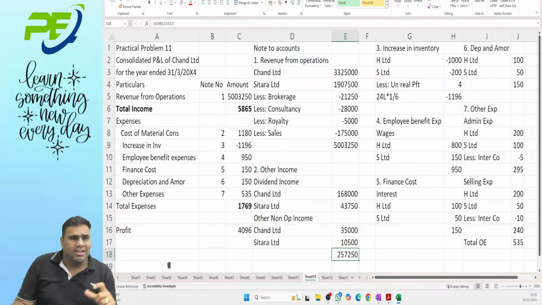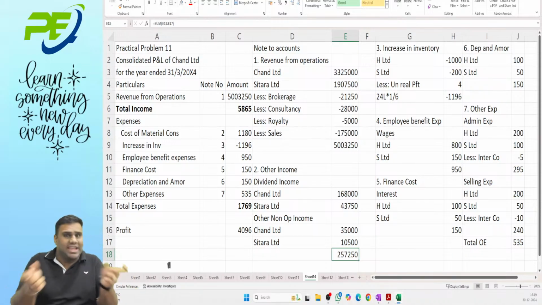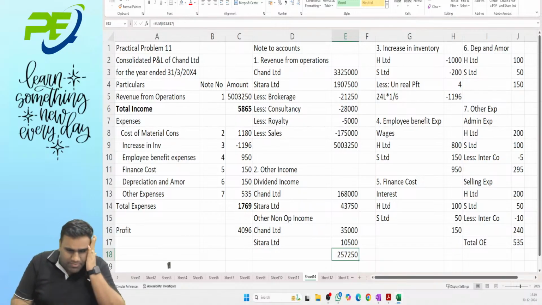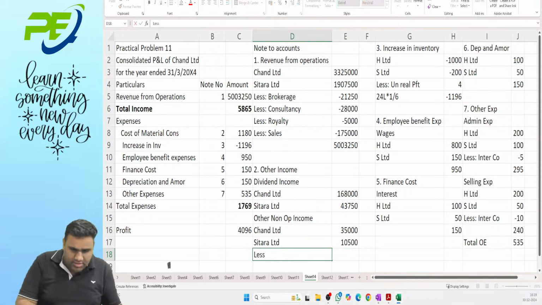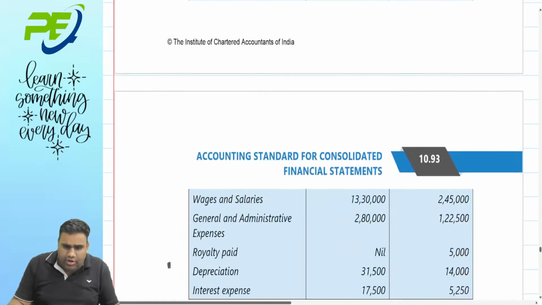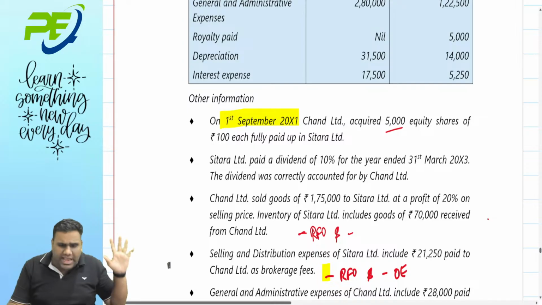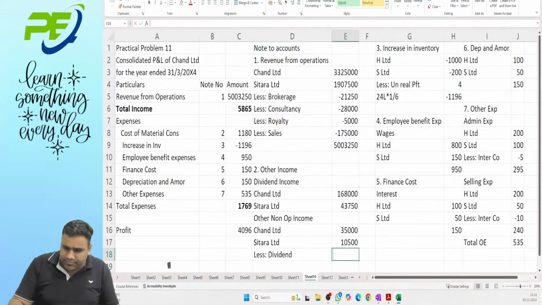Whatever dividend we have received from the subsidiary is again an intercompany owing. The subsidiary has paid and the holding has received. So that, who will subtract? Less dividend. Now dividend, how many shares did they take? 5,000 shares, 100 rupees face value, 5 lakh, and 10%. Minus 50,000.